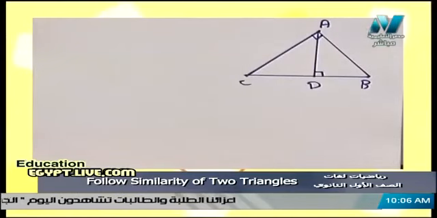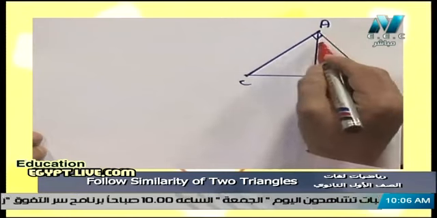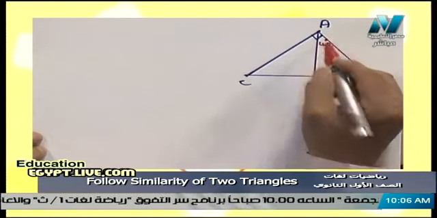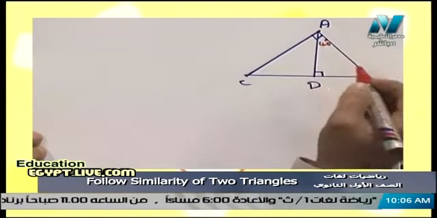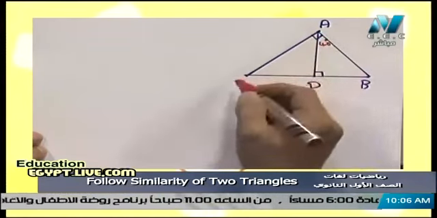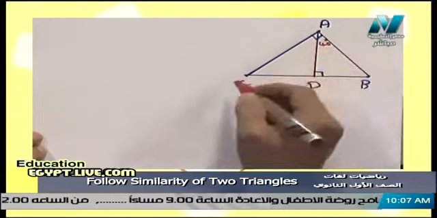Okay, if we consider that this angle is 40 degrees here, measure angle BAD is 40, and we have measure angle BAC, of course it's 90, so measure angle DAC will be 50.